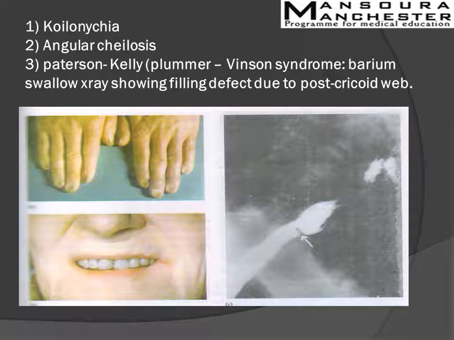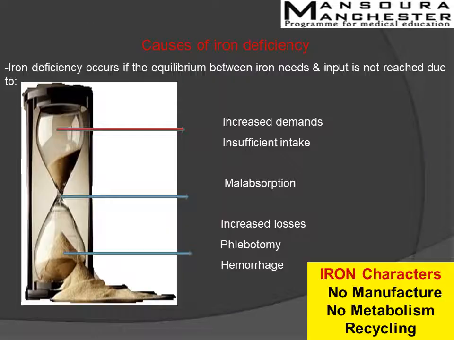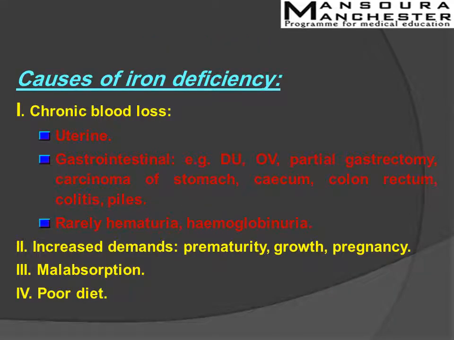I have to say that iron deficiency anemia in children is a little bit different. Most children with iron deficiency anemia experience irritability, poor cognitive function, and psychomotor instability. These are causes of iron deficiency anemia, which can be divided into, first, chronic blood loss, which is the most important cause of iron deficiency anemia: uterine blood loss, gastrointestinal blood loss, for example, duodenal ulcer, esophageal varices, maybe carcinoma of the stomach, cecum, colon, rectum, piles, or a gastric ulcer.